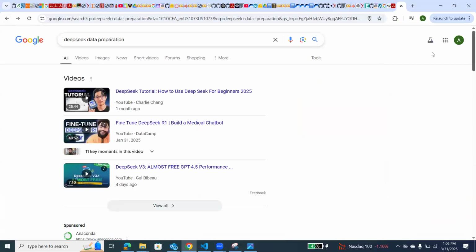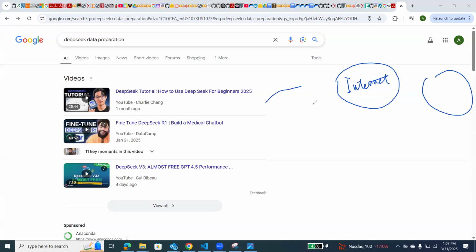For large language models in general, there are the following data sets: the internet, so all the data from the internet, some domain-specific data, maybe some documents, and a very important component, mathematical texts and proofs.